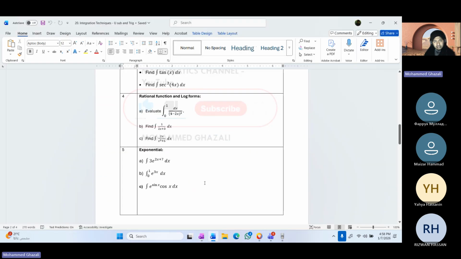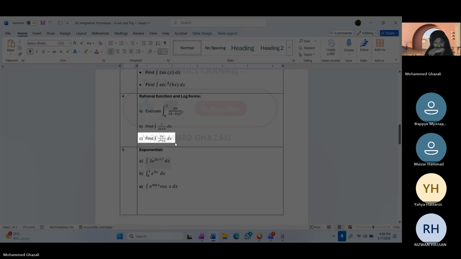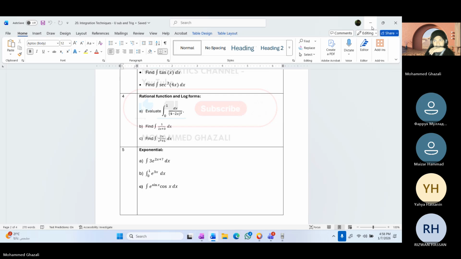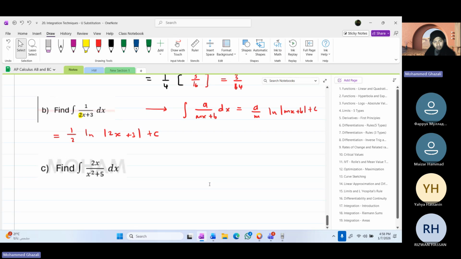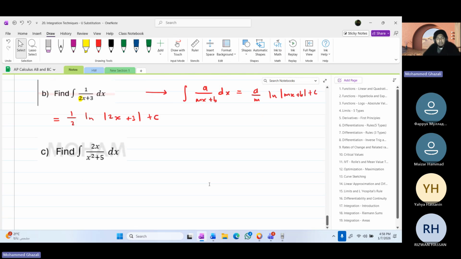Right, next question, guys. In the next question, we have a rational function, so we will attempt to make the denominator equal to u. So let u equal x squared plus 5, and you can see the derivative appears in the integral, so problem solved.